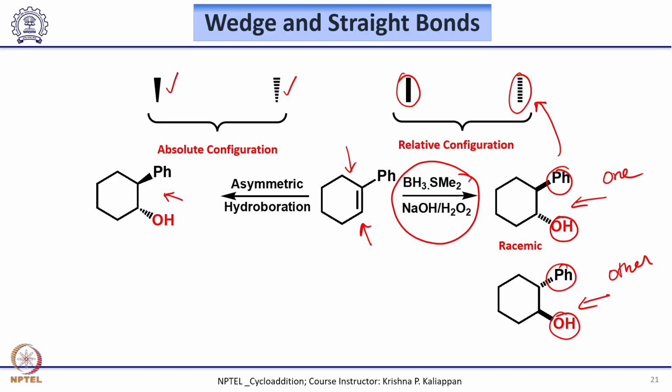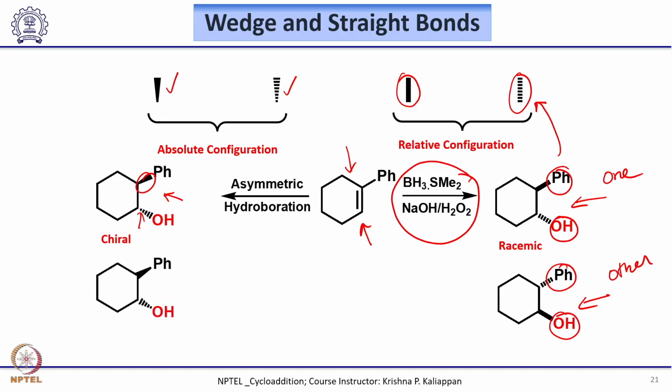Here you can see this is absolute stereochemistry. That is why you see the phenyl carbon bond is tapering towards the carbon. Likewise, the hydroxyl carbon bond is tapering towards the carbon. And more importantly, like any hydroboration, the two substituents are trans to each other. It is a chiral one because you are using one enantiomer of the chiral borane.